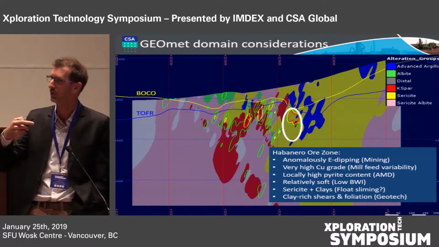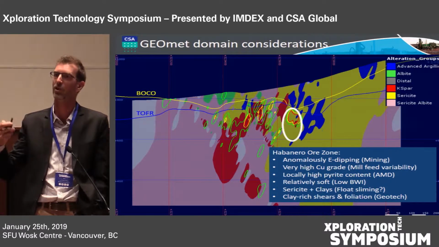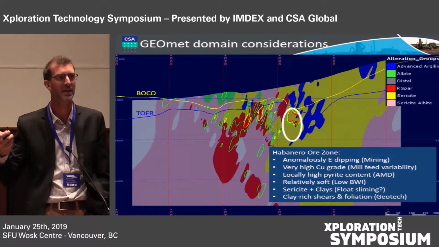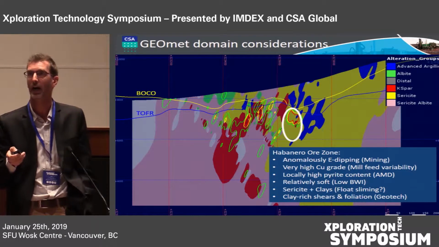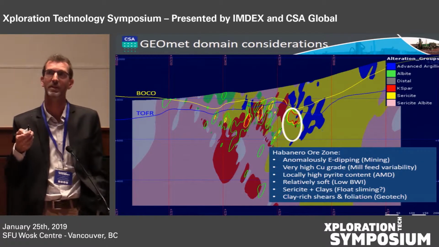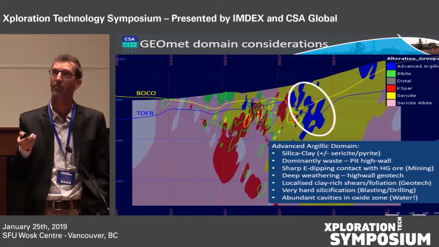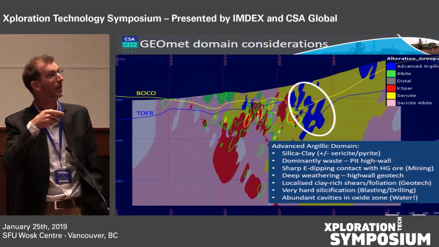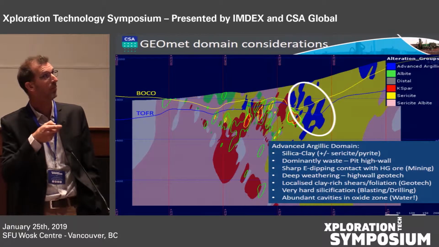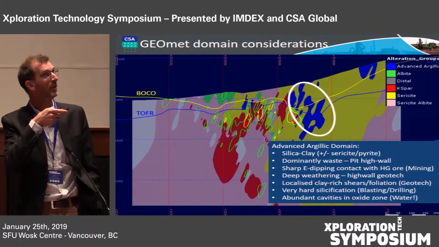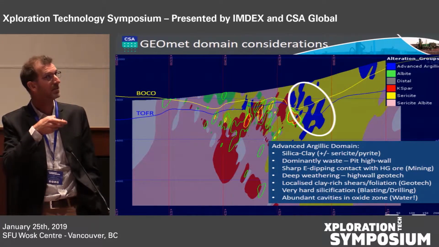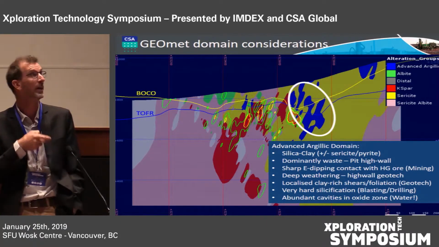So going through the geological model and the mineralogical model, even before you've done any met test work, you can say things that directly impact the design of met test work programs and mean that you select samples from the right domains. Up in the hanging wall here, there's very little mineralisation at all in this, but it has really dramatic effects on a pit high wall.